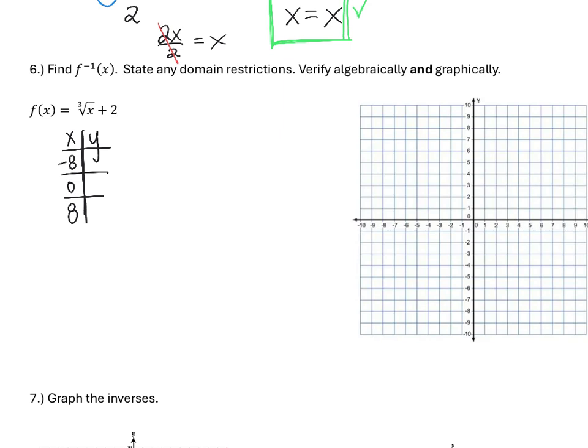If we plug in negative 8 to our original, what's the cube root of negative 8? Negative 2 plus 2 is 0. So we have 1 point at negative 8, 0. Let's graph that here. If we plug in 0, what's the cube root of 0? Plus 2 is 2. So we have another at 0, 2.